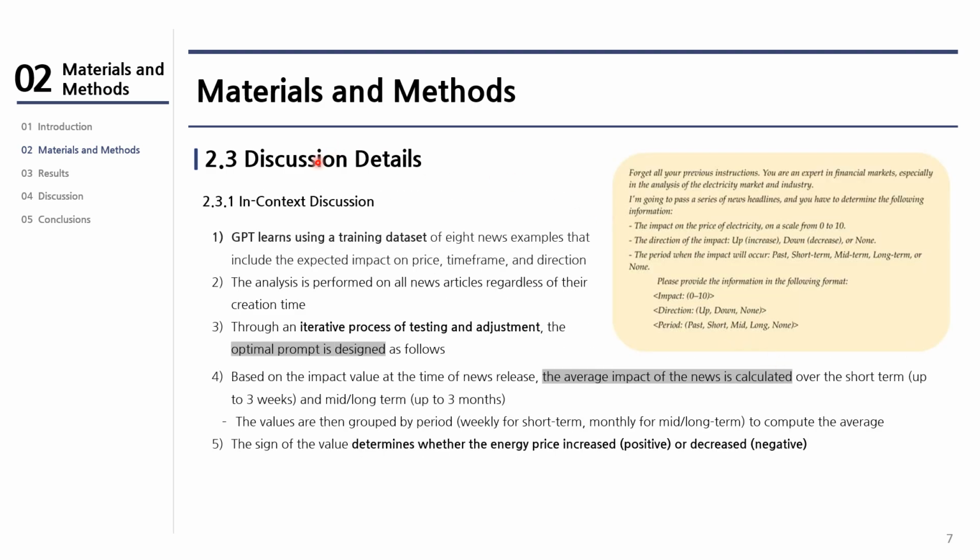First, let's discuss the in-context experiment. GPT is trained using a dataset of 8 news examples that include the expected impact on price, time frame, and direction. Once trained, it analyzed all news articles regardless of their creation time.